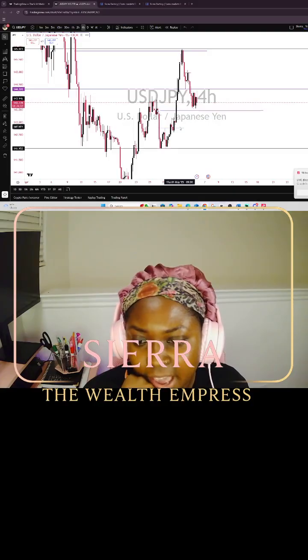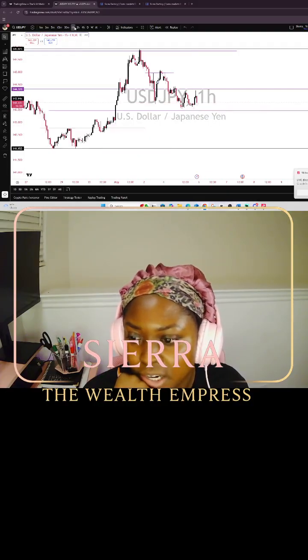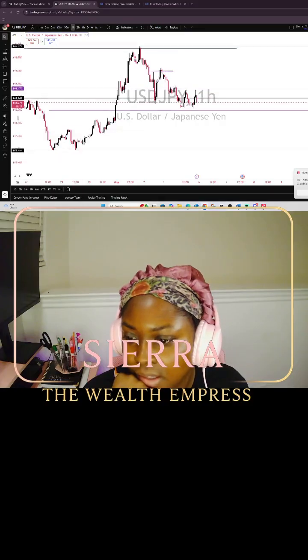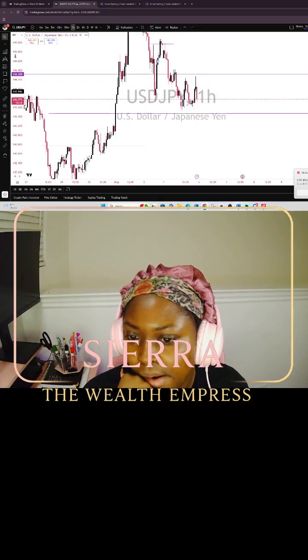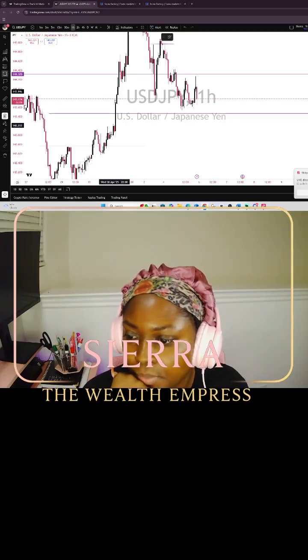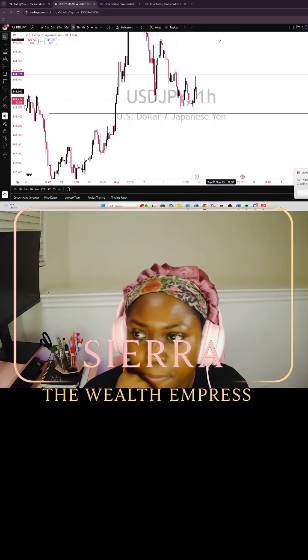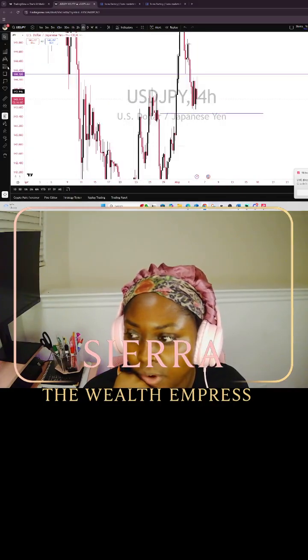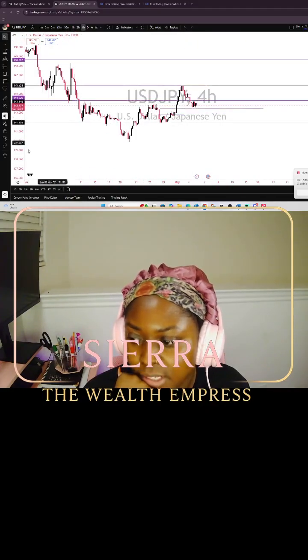And we have this gap that price has not touched yet. I would say that price is reacting from this gap, but I would rather see it touch that 4-hour gap because it's so near, right? And we're consolidating on top of here.